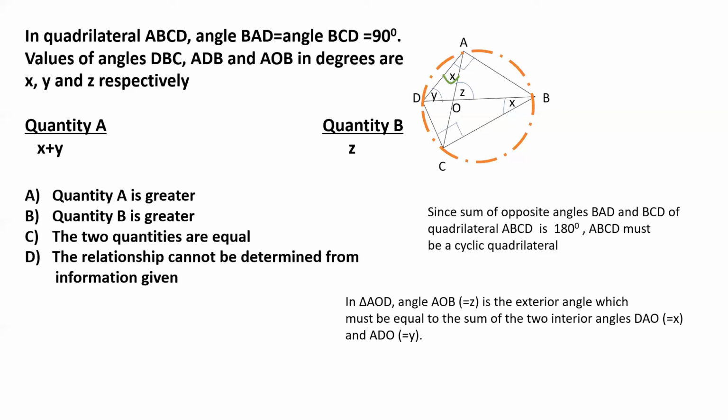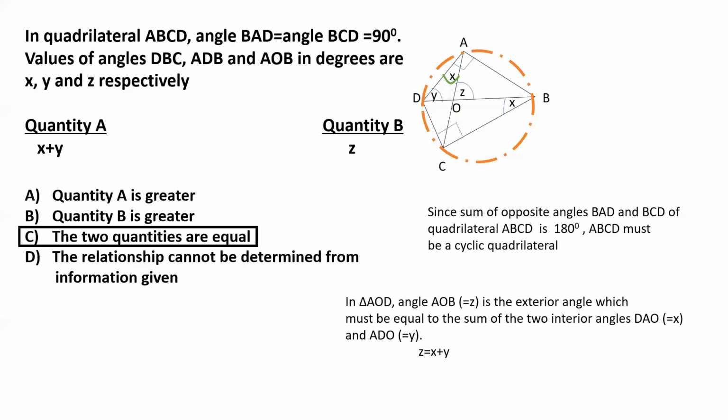And what is angle DAO? It's the same as angle CAD, which we just marked as X, right? And what is angle ADO? Well, angle ADO is basically the same as angle ADB, which is already given as Y. So basically, we have Z equal to X plus Y. So the correct option in this case will be the option C.